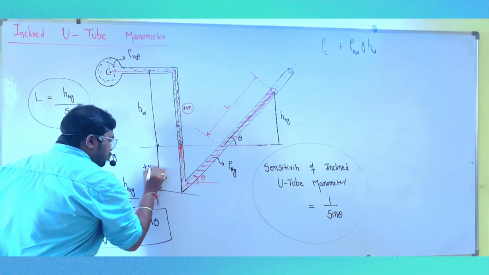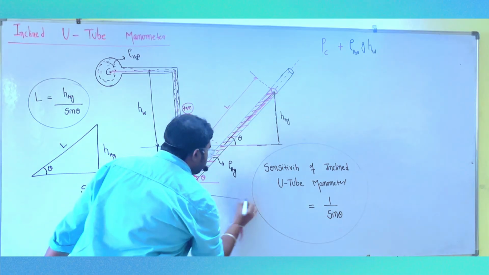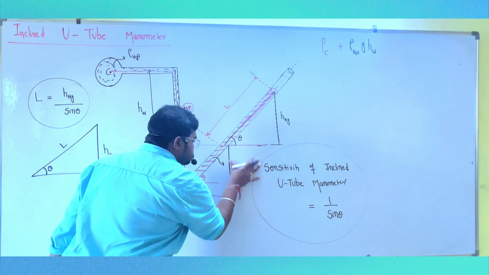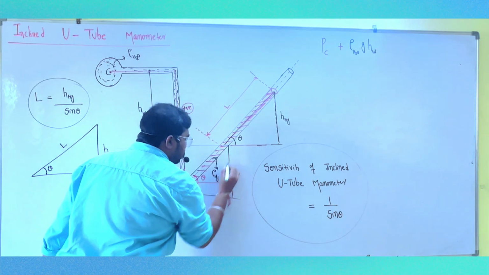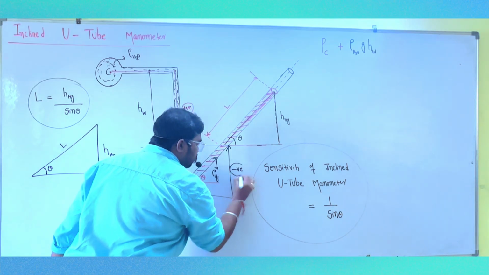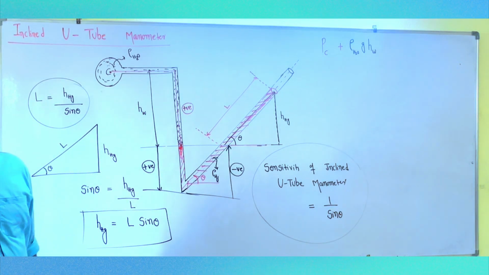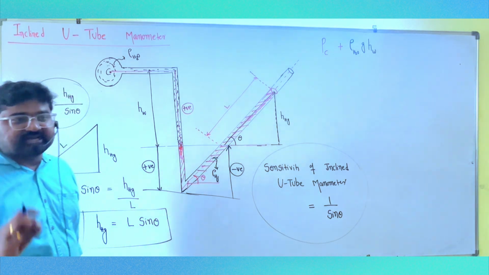Moving up is negative: density of the mercury times g times height.